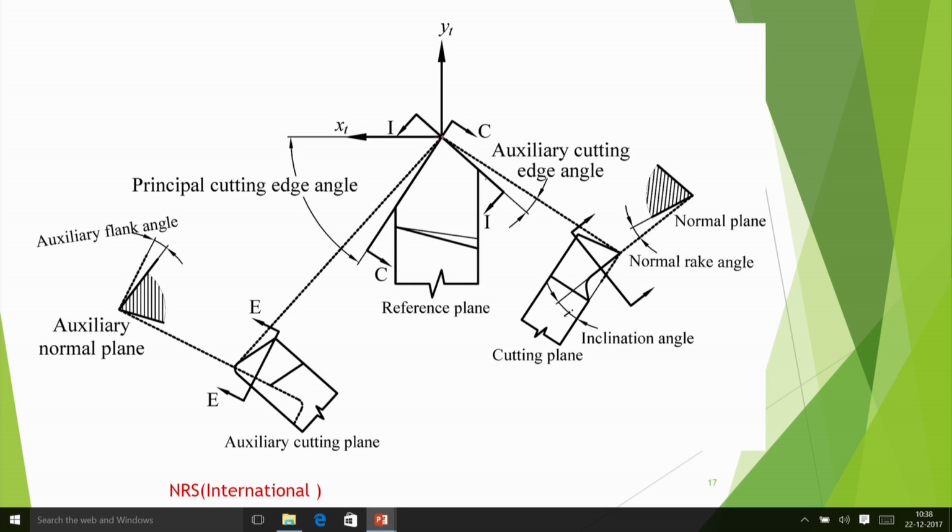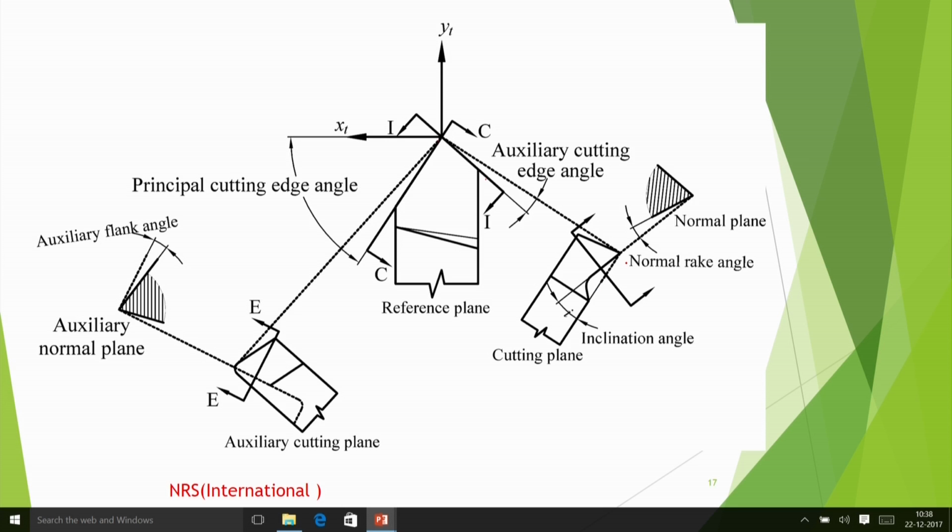Okay, if you take a 90-degree line here, so you have auxiliary cutting edge angle and you have got principal cutting edge angle. And then if I take a plane, cutting plane, this is the cutting plane like we did in the orthogonal system.